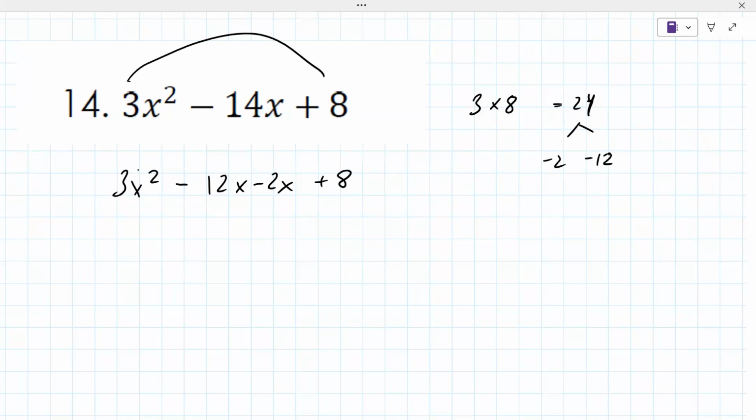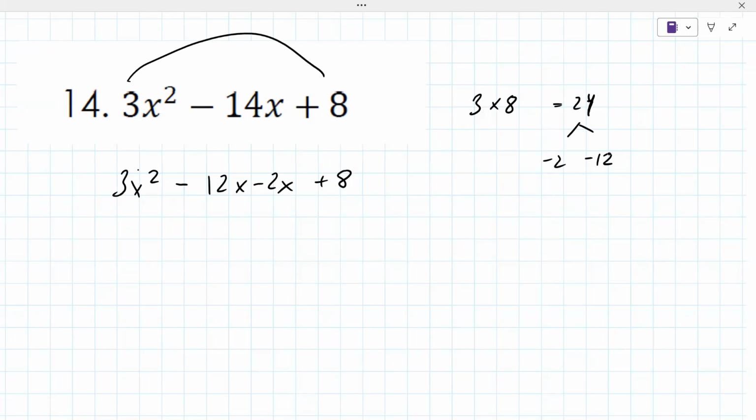So 3x squared minus 12x plus 8. All right, almost done here.